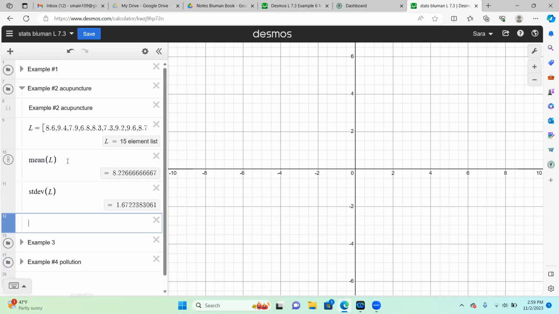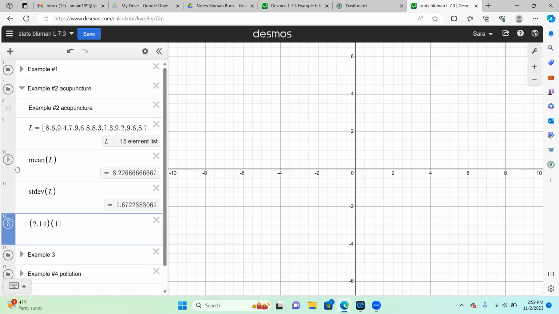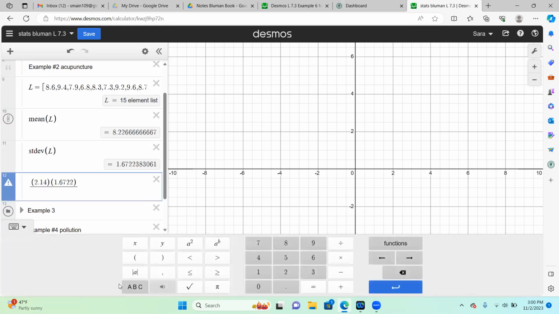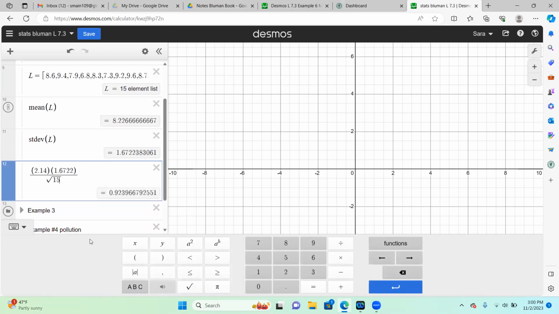And some of these pieces are probably not in your Desmos link because I copied it before I'm doing this. But we can calculate the margin of error by taking 2.14 and multiplying that by 1.6722 and then dividing by the square root, of course, which is down here in your menu. And then there is my margin of error.